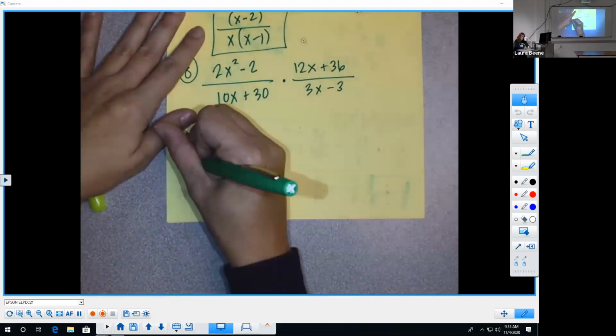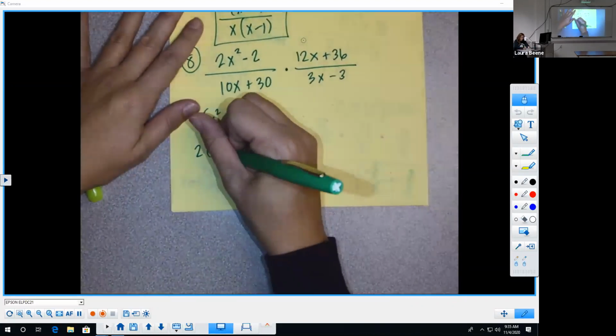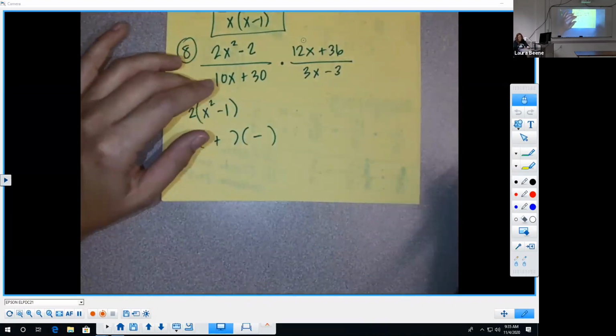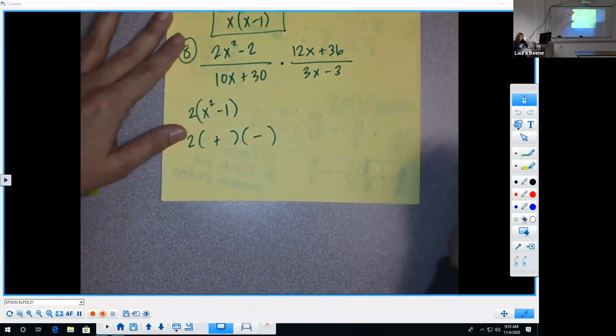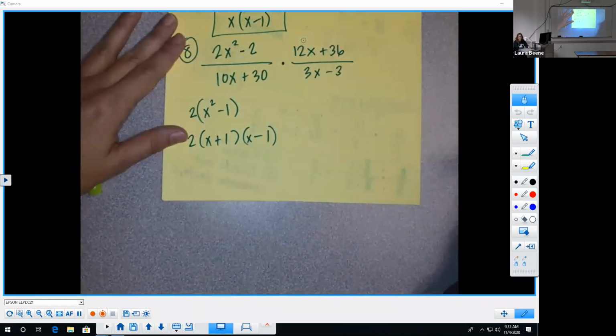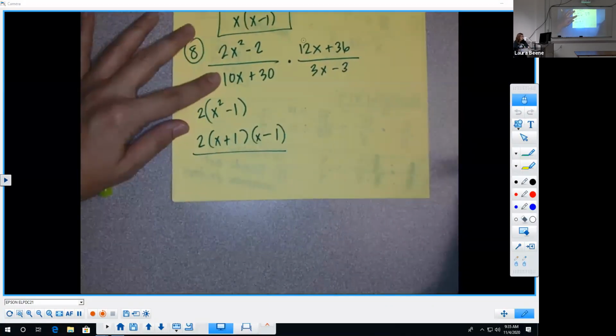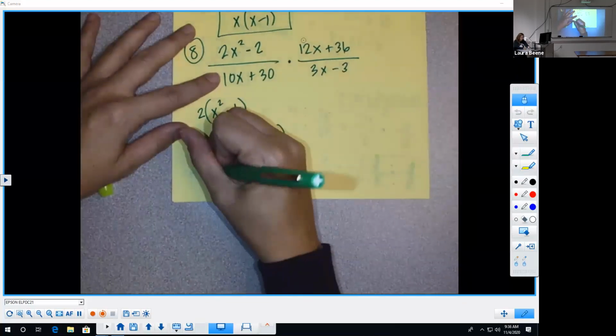So this is actually 2 times 2 sets of parentheses. One's a plus sign, one's a minus sign. Take the square root. So we have x and 1 and 1. Everybody tracking with that? On bottom, 10x plus 30. What's the greatest common factor you can take out? A 10.